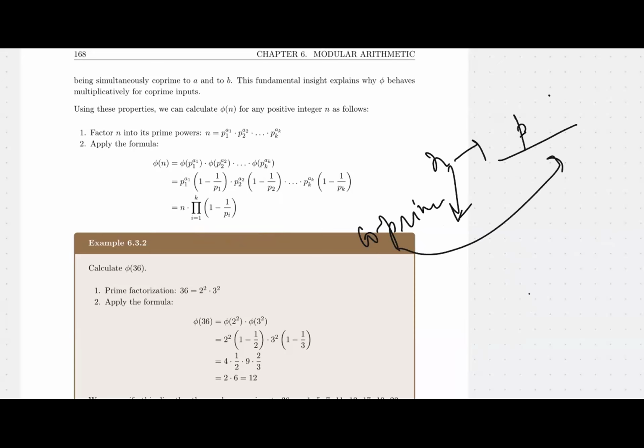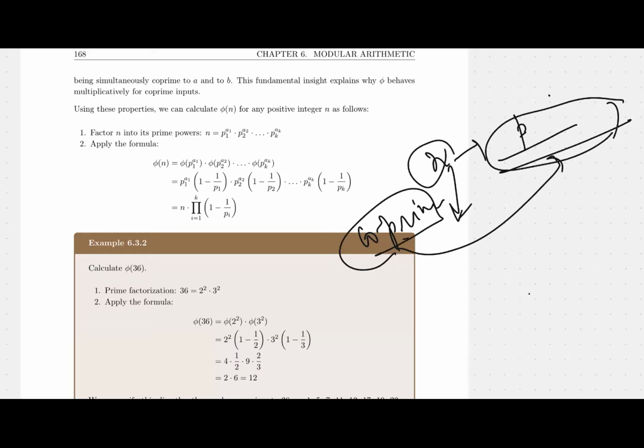Any number which is co-prime to all the prime factors of n is co-prime to n, and any number which is co-prime to n will have to be co-prime to all the primes in the prime decomposition of n. Clear?